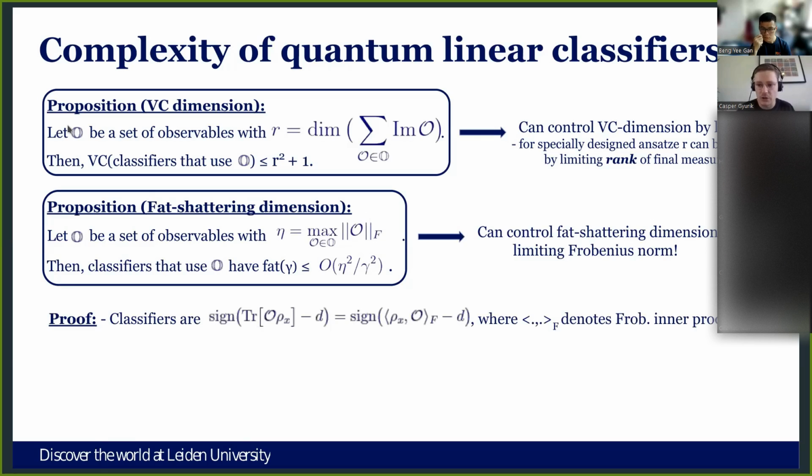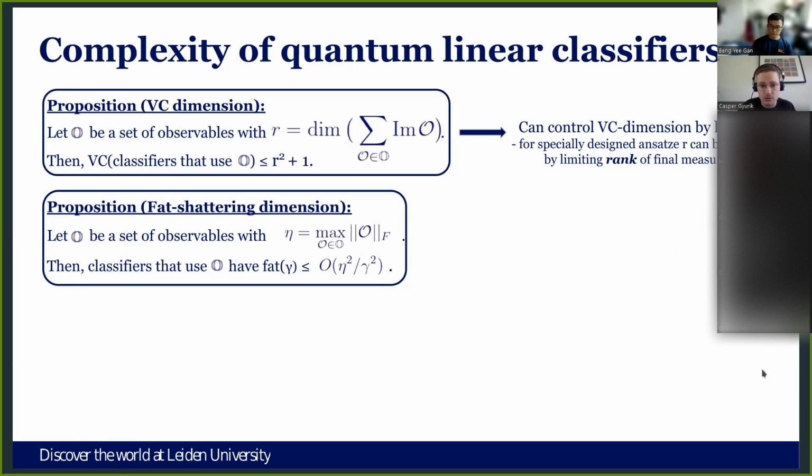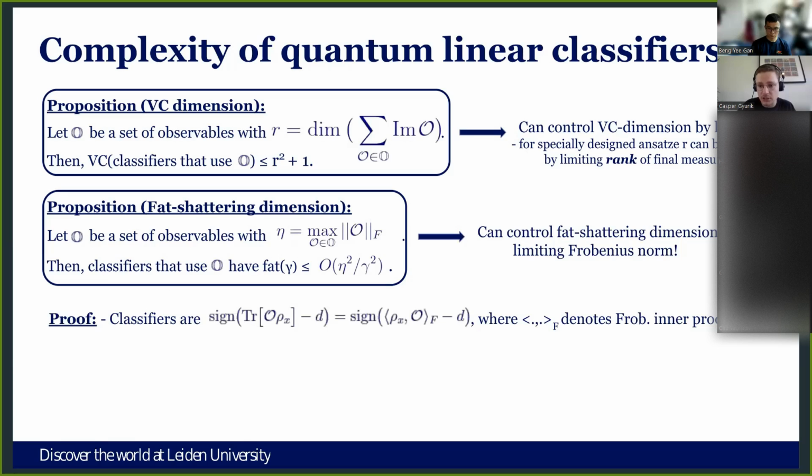So quickly sketching the proof, how do we get there? As I mentioned before, the classifiers are of this form, which is sign of trace O rho, which is basically the expectation value minus d. And we notice that this trace is the same as something which is called the Frobenius inner product in the space of Hermitian matrices.